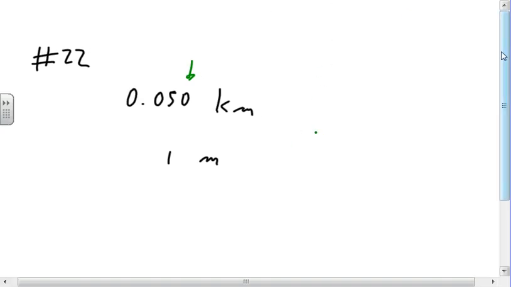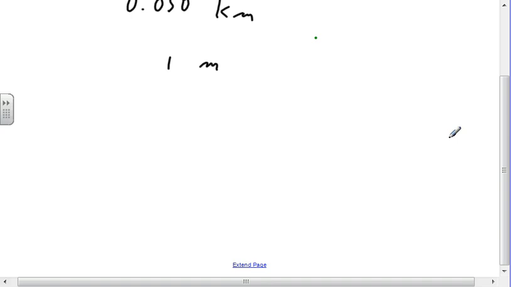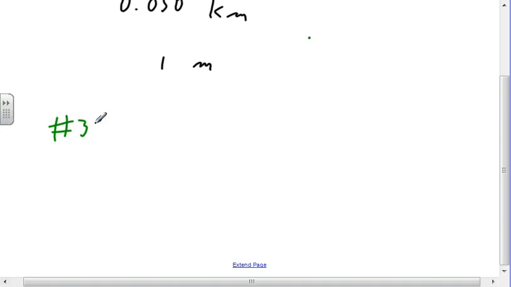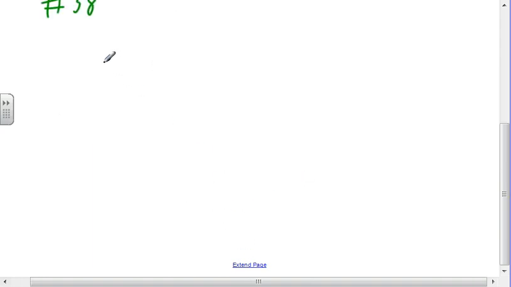Okay, we're going to look at number 38. And number 38, we want to find the number that's least accurate and the number that is least precise. Okay, so we have 284.0 miles.